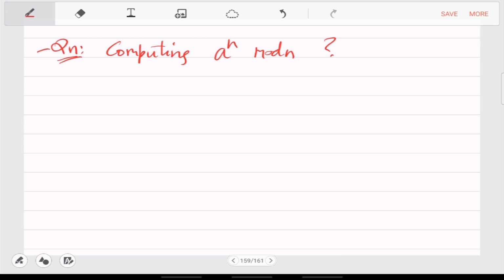So n can be thousands of digits, which means that n is something like 2 raised to 1000 or 10 raised to 1000. And even if you take a very small a like 2, 2 raised to 10 raised to 1000 is impossible to compute exactly, right? So how will you do this computation? You cannot just do a for loop, you cannot just keep multiplying n times, because that will again take infinite time. So any ideas?